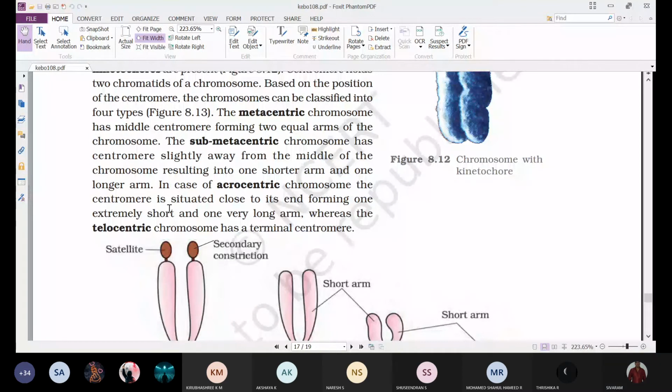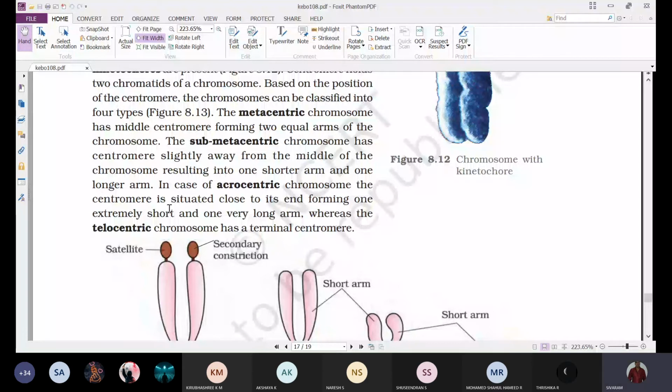In the case of acrocentric chromosome, the centromere is situated close to its end, forming one extremely short and one very long arm. Such types of chromosomes, we call acrocentric.